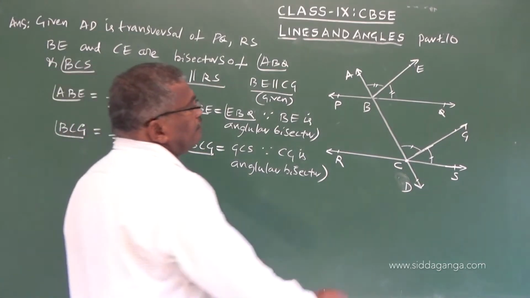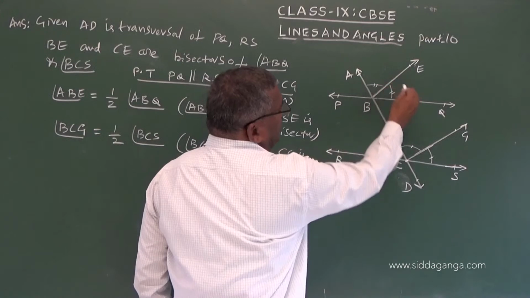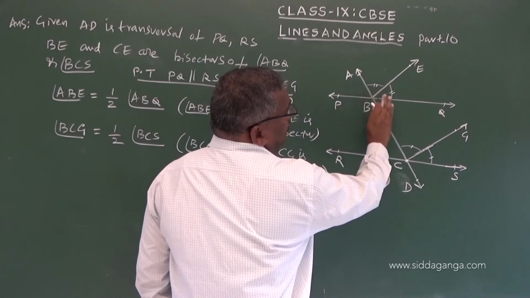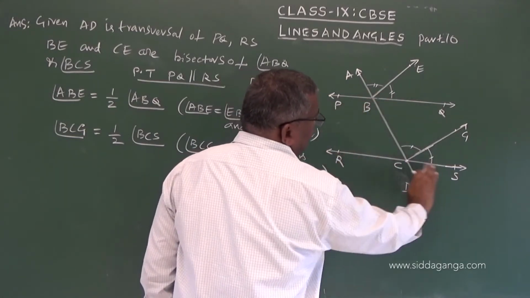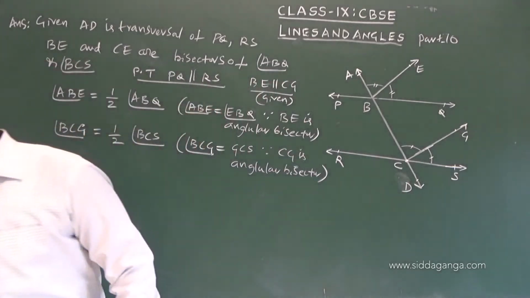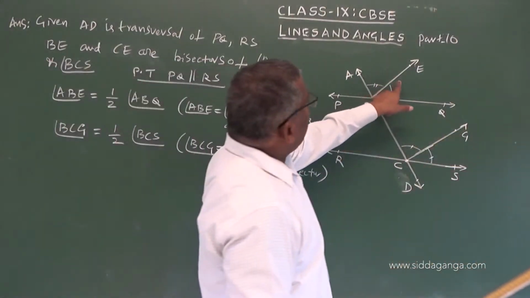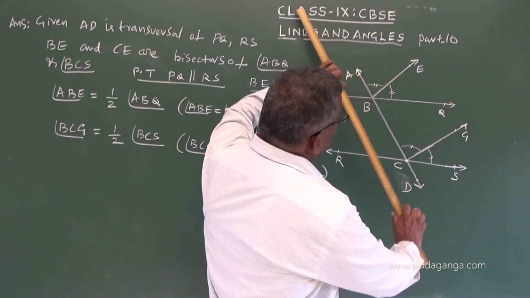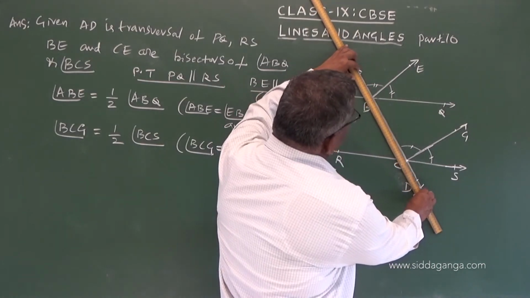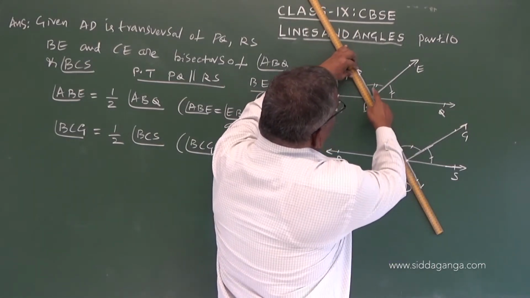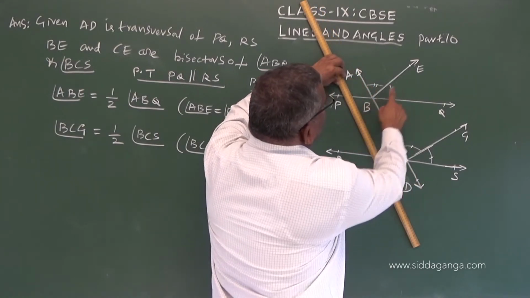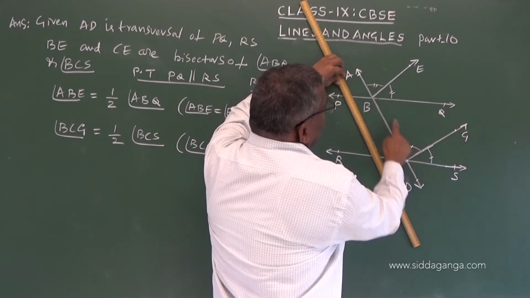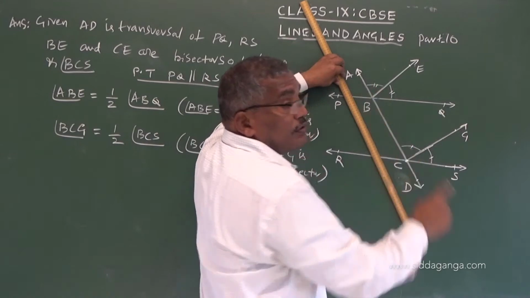Now you observe the figure. Given BE is parallel to CG, you forget the PQ and RS lines. Remember only these two lines now. BE is parallel to CG and AD is the transversal. Now observe here, ABE and BCG, these two are corresponding angles.